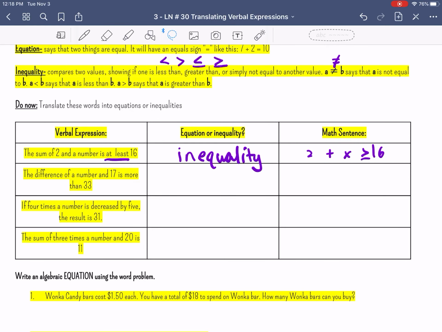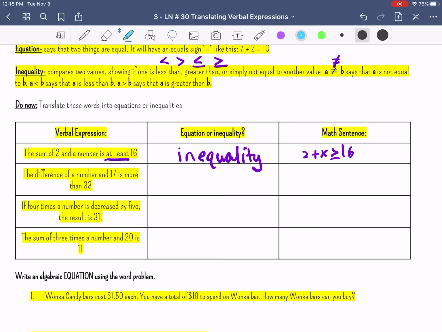But with subtraction and division, it does matter what order you put them in. So this would be the math sentence: the sum of 2 and a number, so 2 plus a number, is at least 16.